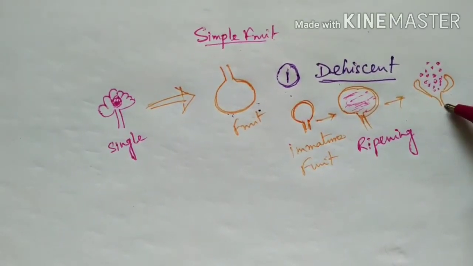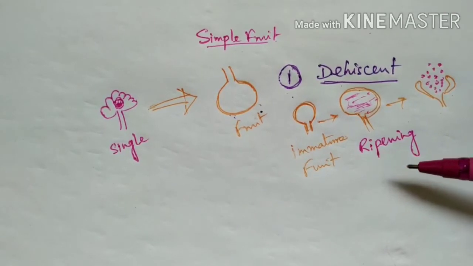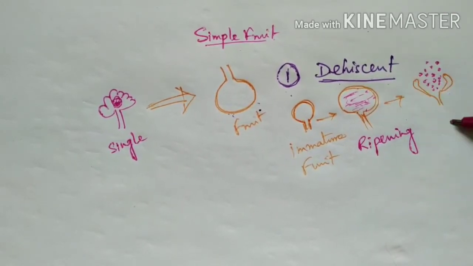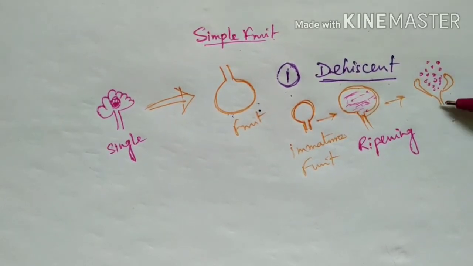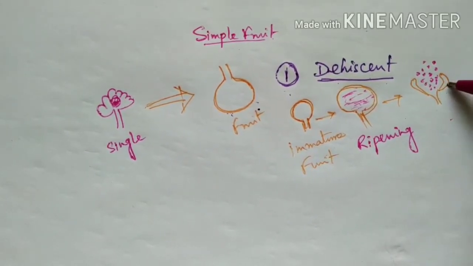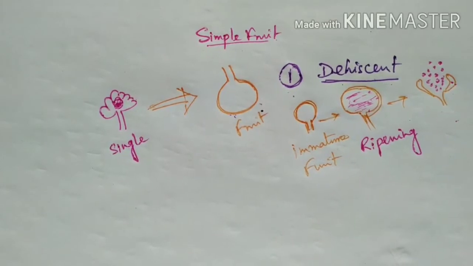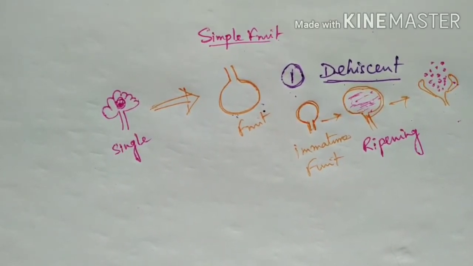This type of fruit is known as dehiscent fruit, where the pericarp totally dehisces or breaks down. Now, dehiscent fruits also divide into many types.